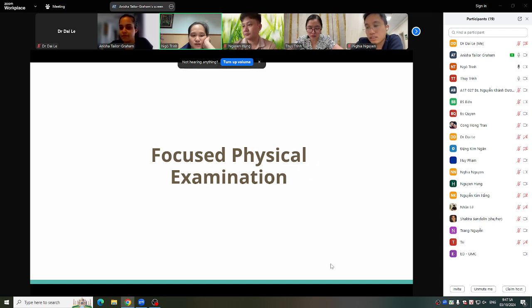We have to make sure the patient does not have hypotension or hypoxemia, or tachycardia, and we do a cardiac exam. We see whether the patient has any abnormal heart sounds. After that, we do the pulmonary exam and the tracheal exam at the same time.